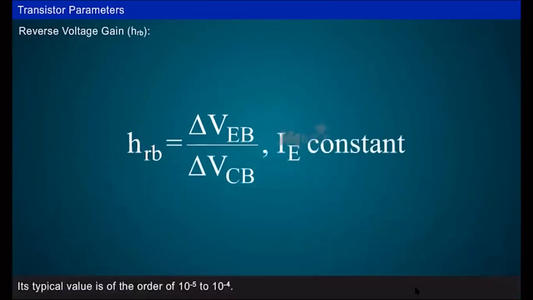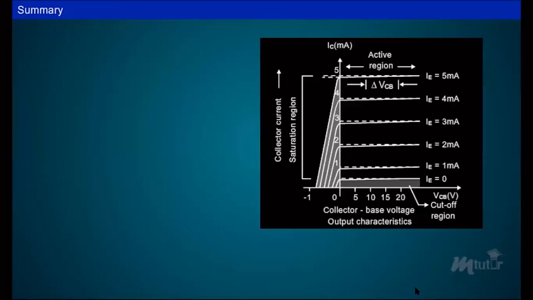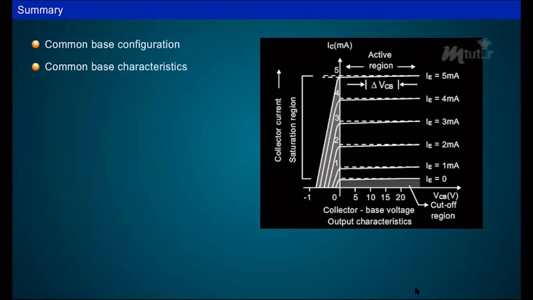Its typical value is in the order of 10 to the power of minus 5 to 10 to the power of minus 4. Summary. In this topic, we have learned common base configuration, common base characteristics, punch through effect.